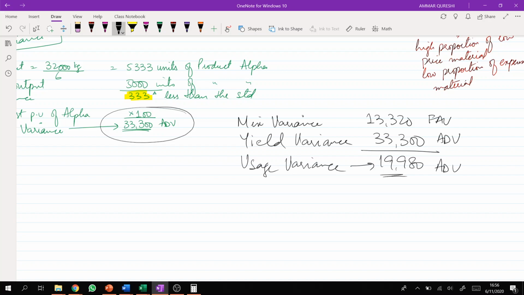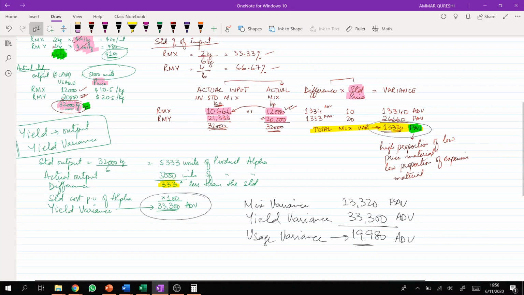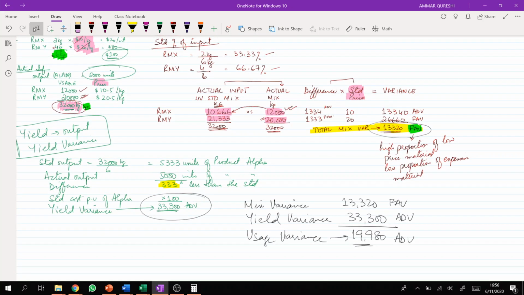Right? So let me try to sum up this whole example. What management tried to do was change the mix by making an input of low price material in higher proportion and expensive material in a lower proportion, and they thought that they could reduce the overall cost by using such a step, and they did that, right?